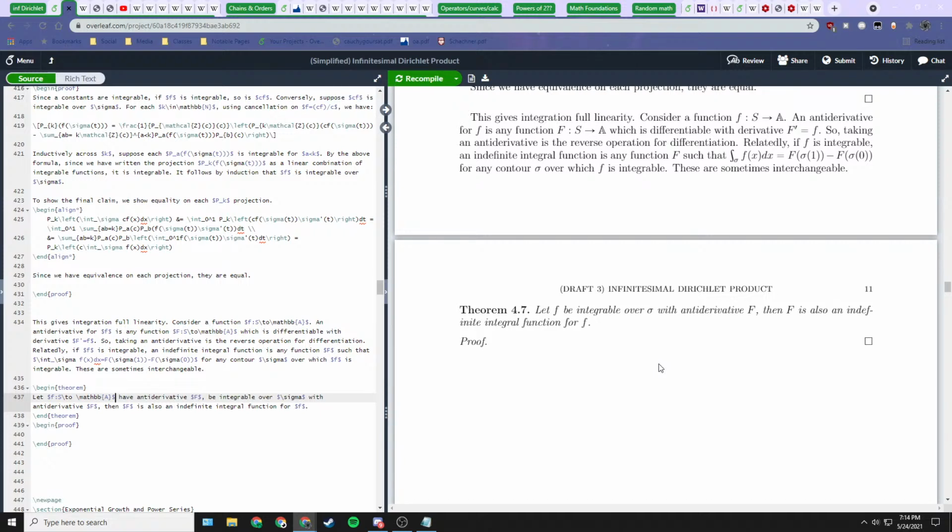F mapping as A, have antiderivative F, then F is, okay.